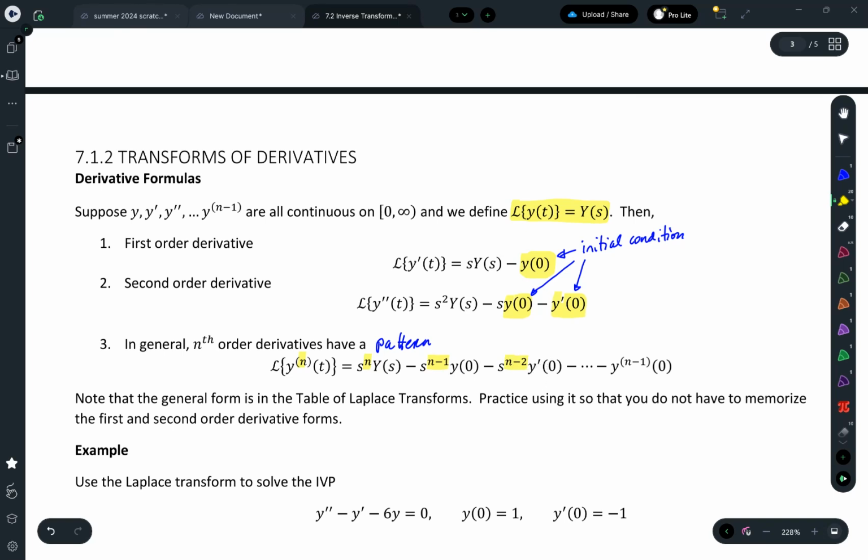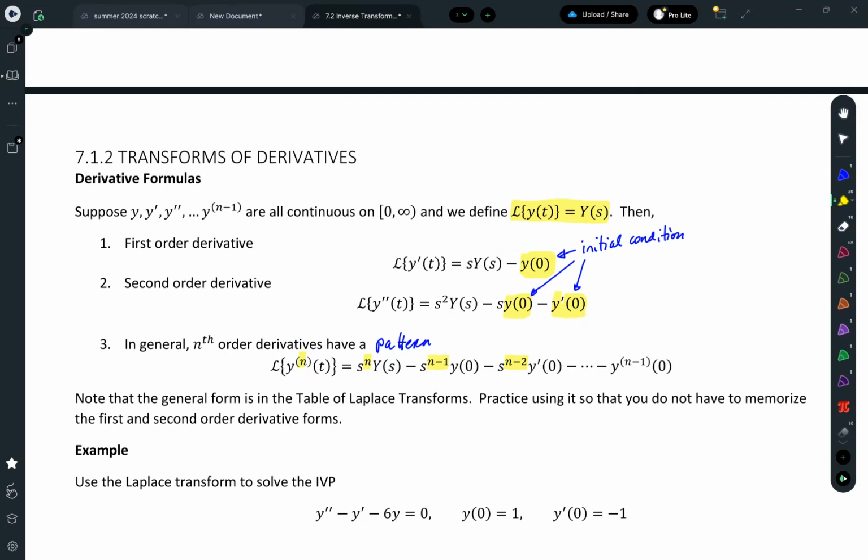And that pattern continues on and on. We're not going to deal with anything too high order. You may see a third order, but no more than that. It becomes way too laborious to work through. We just want to make sure that you know how to work through and use the table of Laplace transforms and apply that to differential equations.